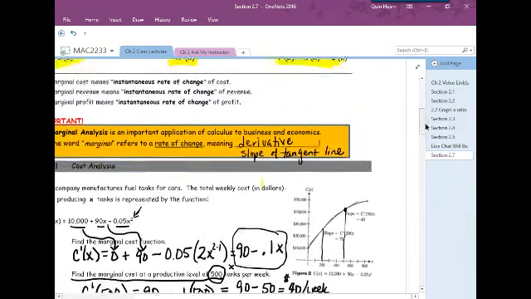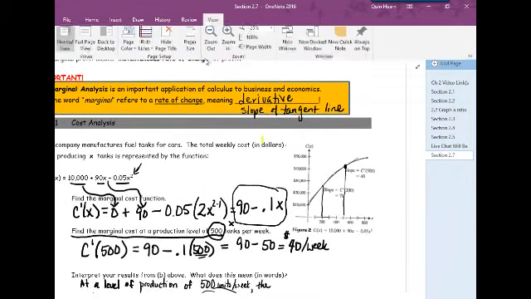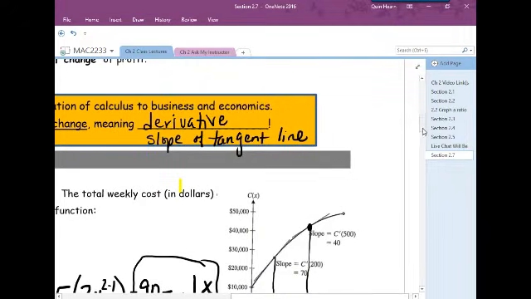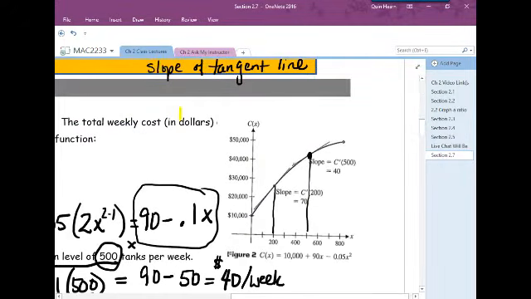Well, let's go back up to this graph here. And remember that this tangent line that occurred at 500 was a little bit steeper than what the function is right after that. So in other words, at 501, we would have had a tangent line that was a little bit less steep.